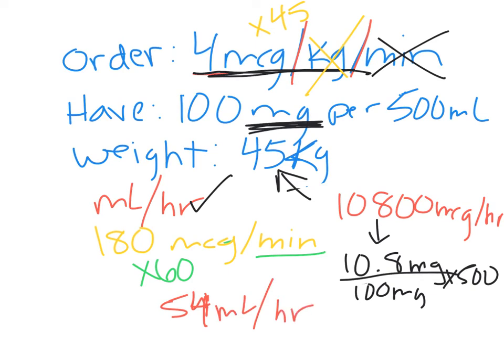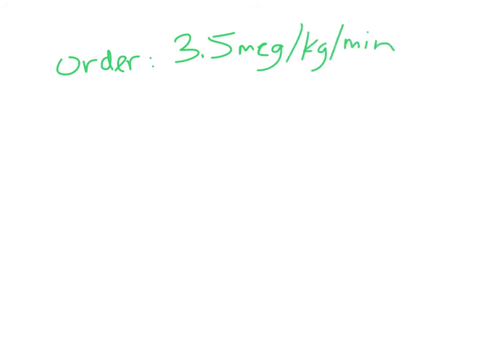I know that seems like a lot of steps, but it's actually just one extra step from what we did on the last equation. So looking at another one, let's say we have an ordered dose of 3.5 micrograms per kilogram per minute.